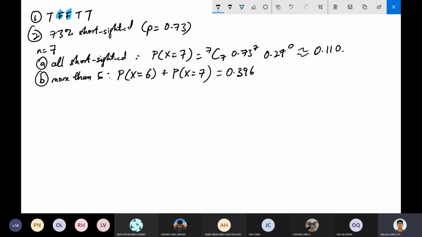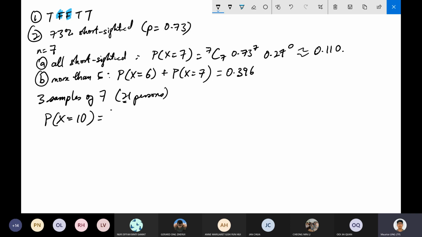Part C is a bit different, you have 3 samples of 7. So in total, you have actually 21 persons. What is the probability that 10 persons out of 21 are short-sighted? So you're actually finding 10, but you only have 21 persons.